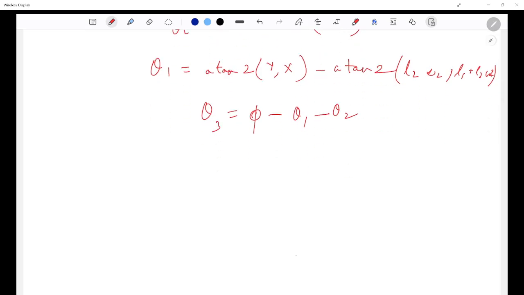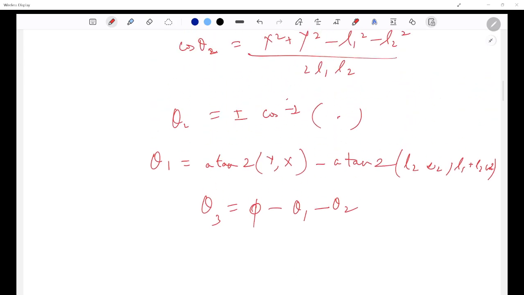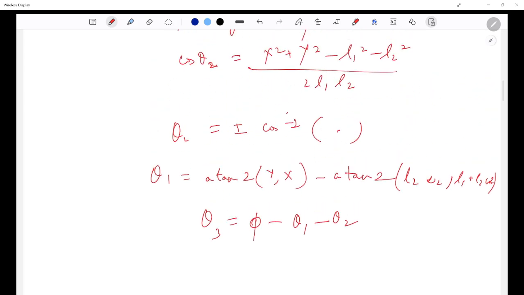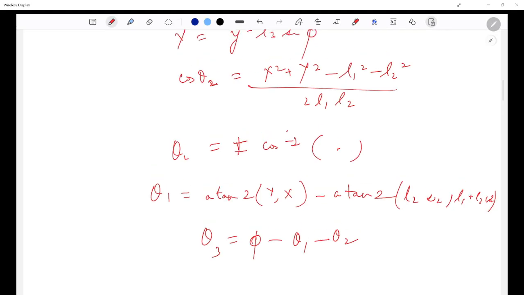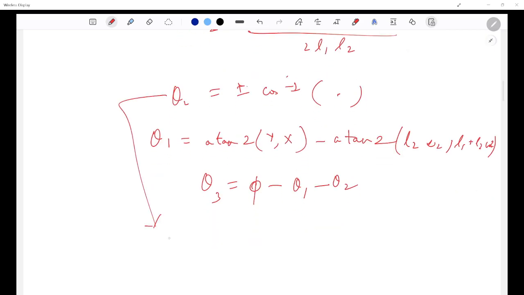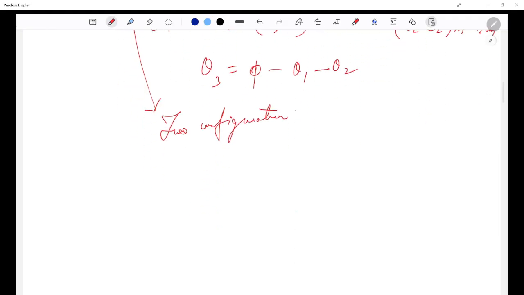What I'm saying here is this plus minus was important. When you try to find out theta 2, you'll get it in the form of plus minus. It gives us two configurations. From here you arrive at two configurations. One is elbow up and second is elbow down.